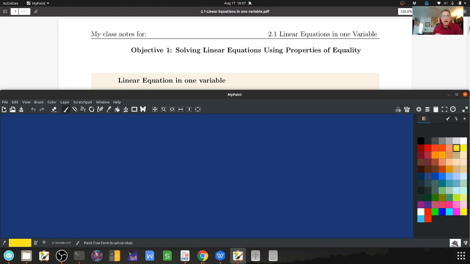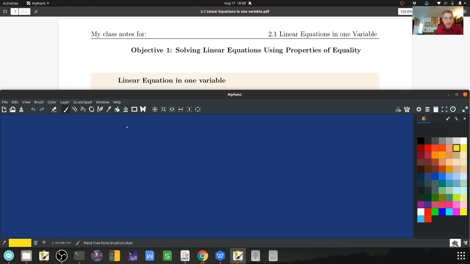So let's define a linear equation in one variable. The key word here is equation. So an equation is always going to have an equal sign. And the actual real definition is an equation is a mathematical statement that says two mathematical expressions are the same or have the same value.